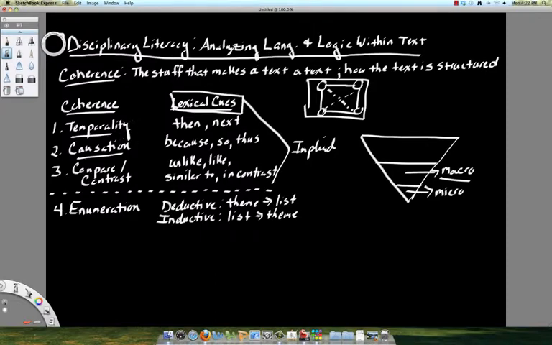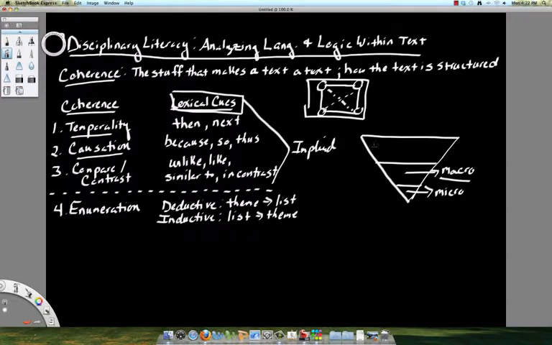Another great way to think about this is for a math textbook or a science textbook, where some of the basic skills right at the beginning really, let's talk about compare and contrast when we talk about different geologic formations. Some of those same themes, once you understand those basics, they are built upon in later chapters. So there's a coherence there with the temporality, causation, and compare and contrast.